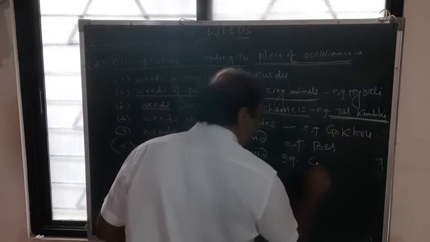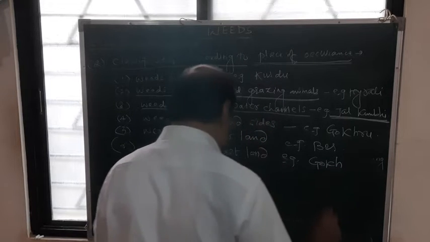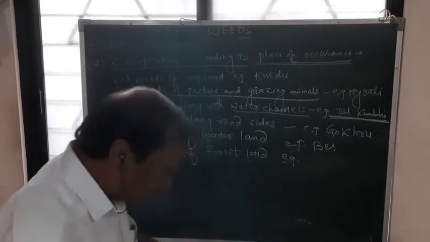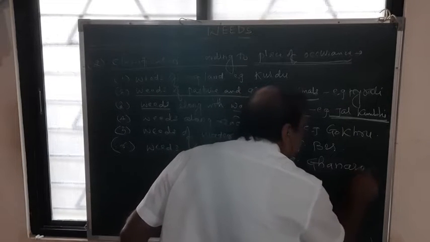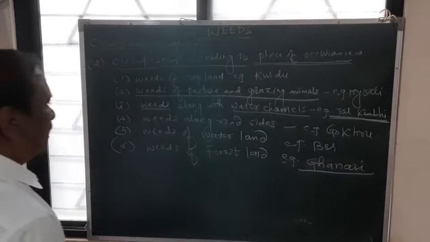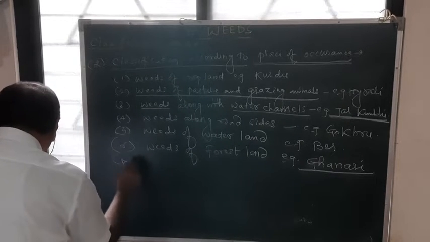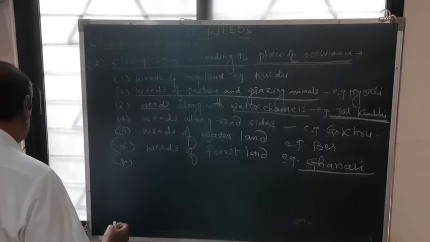Example is gokru, or example is ghaneri. Mostly ghaneri is generally sown in the forest land. And lastly, seventh is the weeds of lawns and orchids.